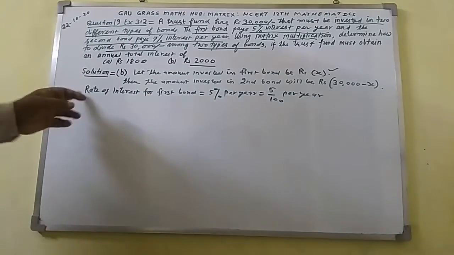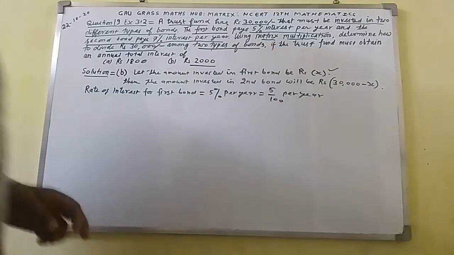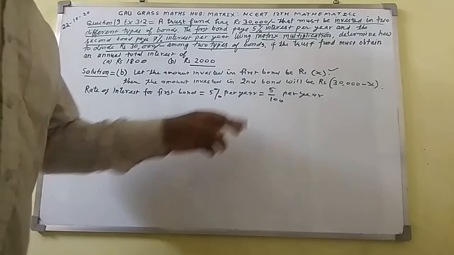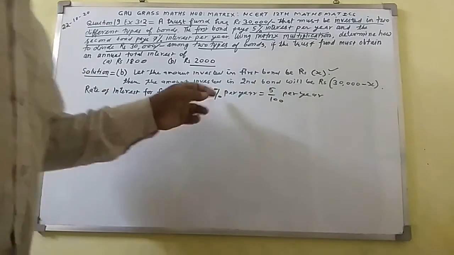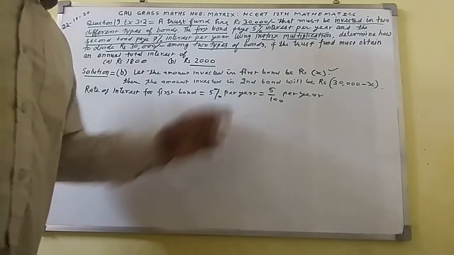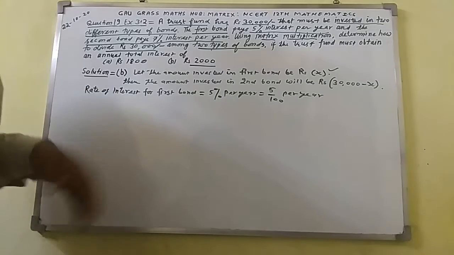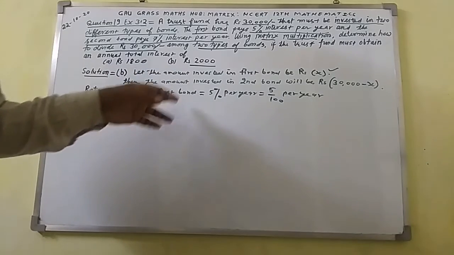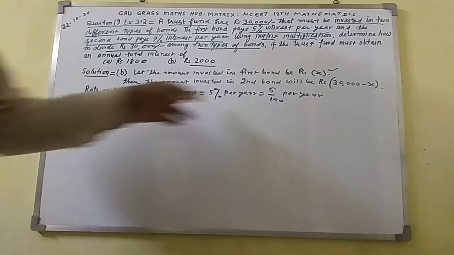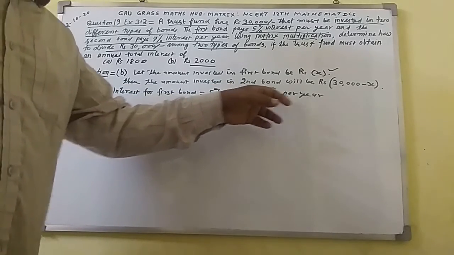Here I have written the rate of interest for the first bond equal to 5% per year, which means 5 over 100 per year, that is the rate of interest.